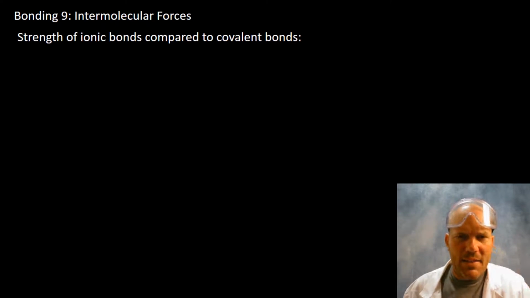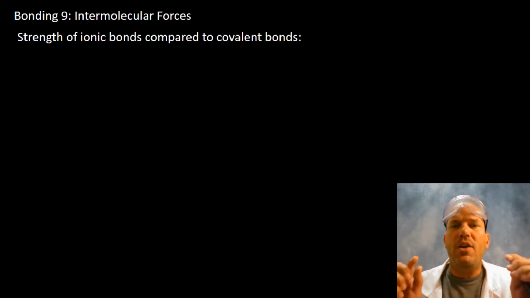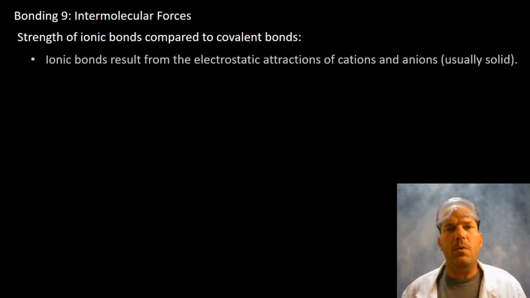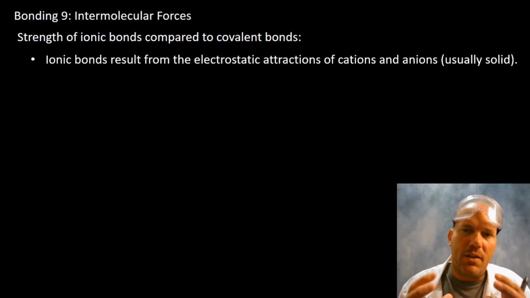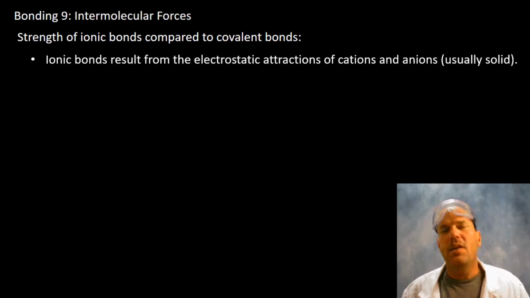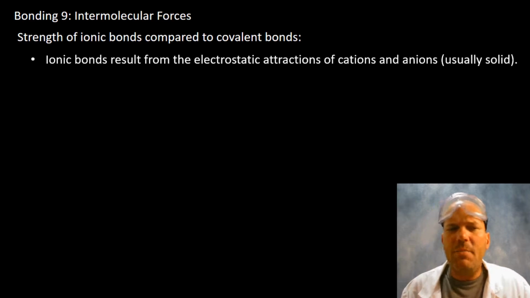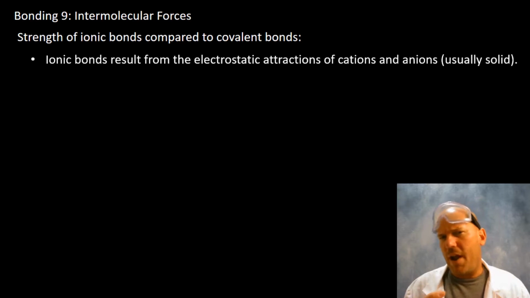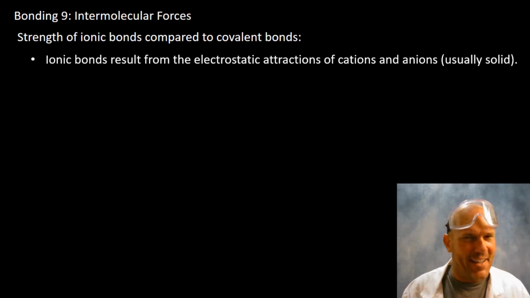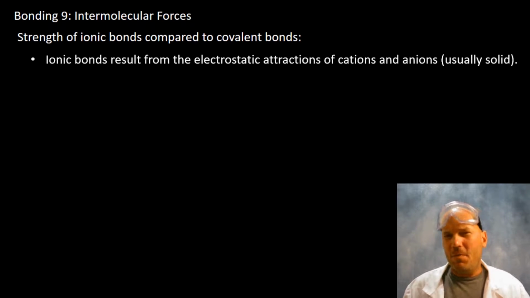In these examples, we are talking about intramolecular forces because we're talking about forces within the molecule, i.e. the bonds. So ionic bonds result from electrostatic attractions of cations and anions, as you know. And we've talked about Coulombic attractions and Coulomb's law extensively.